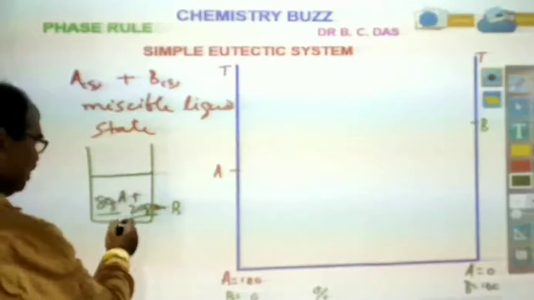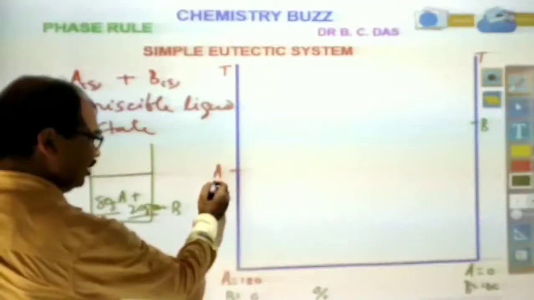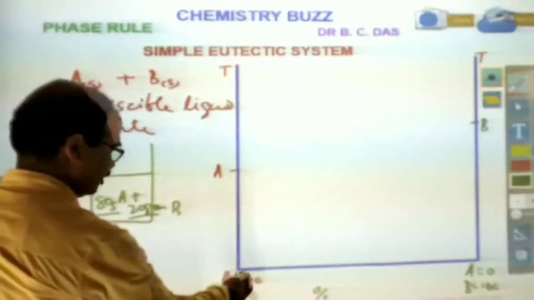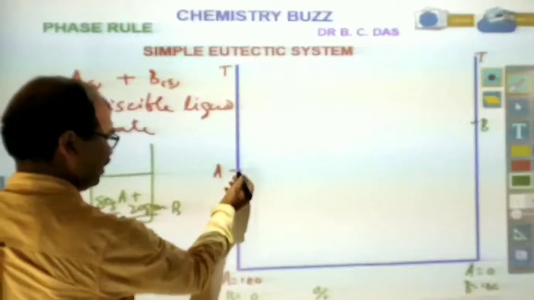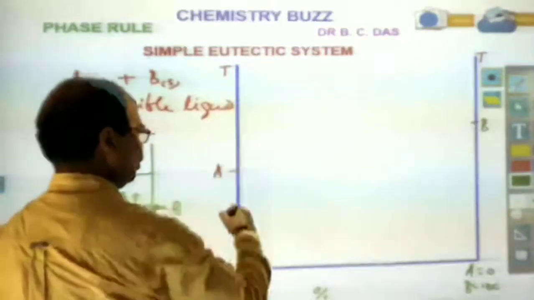We have taken this in the mixture, and as it is marked in the graph, the melting point of A is here. So if we heat the pure A, then it will start melting, and after this A will be in the liquid phase.